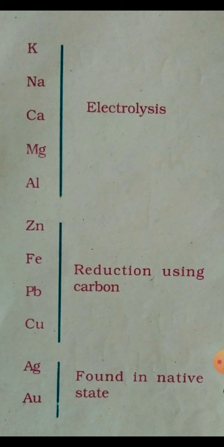The metals at the bottom of the activity series are the least reactive. Which are they? Ag and Au, which are silver and gold. We have learned that they are least reactive, right? They are often found in a free state.